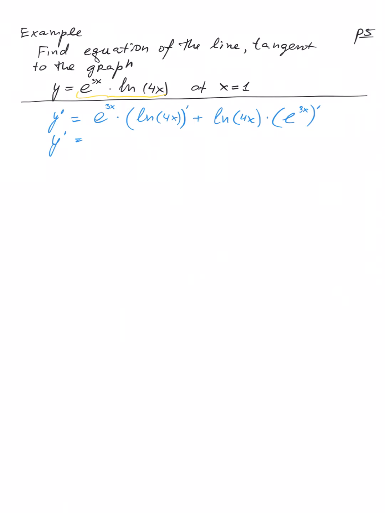Now when I'm differentiating ln of 4x, remember that it requires a chain rule because it's not just ln of x, it's something with x. All right, so e to the power of 3x times 1 over 4x times 4x prime, because the derivative of 4x, well, actually, let me write down 4x prime.